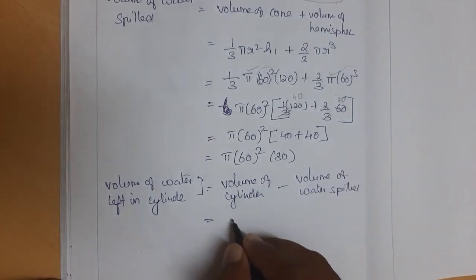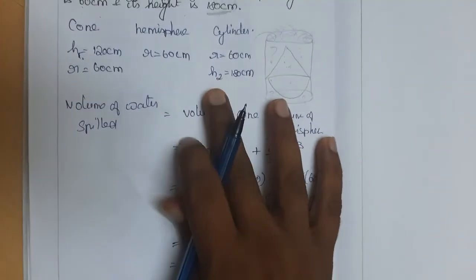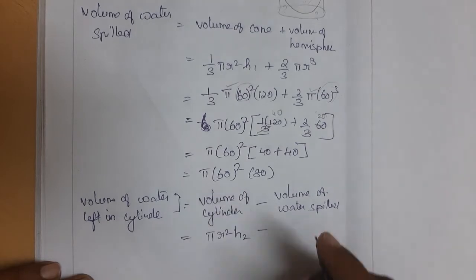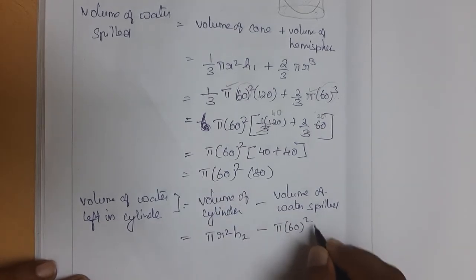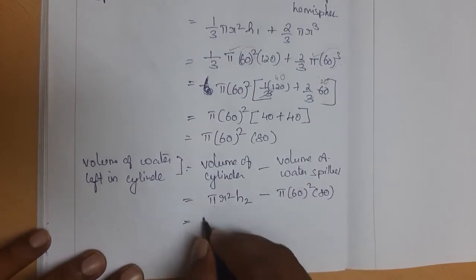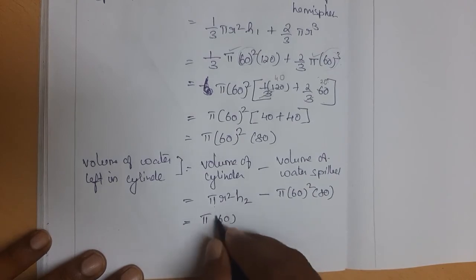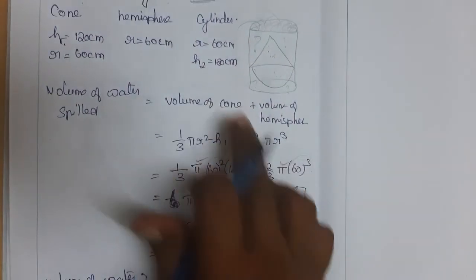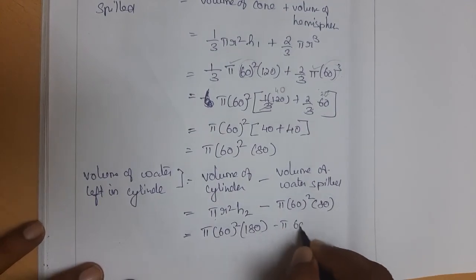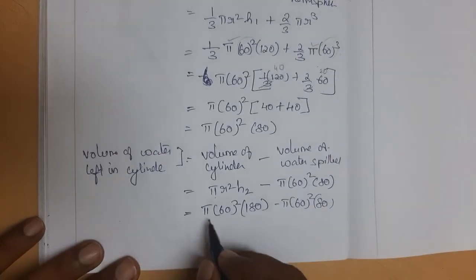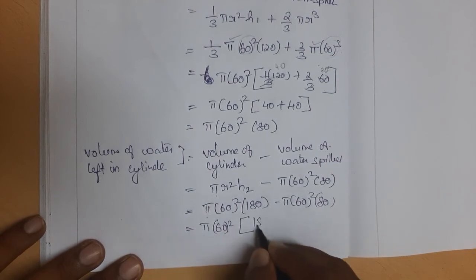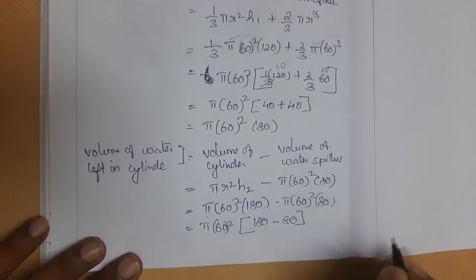The volume of the cylinder is pi r square h2, minus the water spilled we already found, pi into 60 square into 80. Again, we take pi and 60 square as common outside. So pi into 60 square into 180 minus 80, which will be 100.